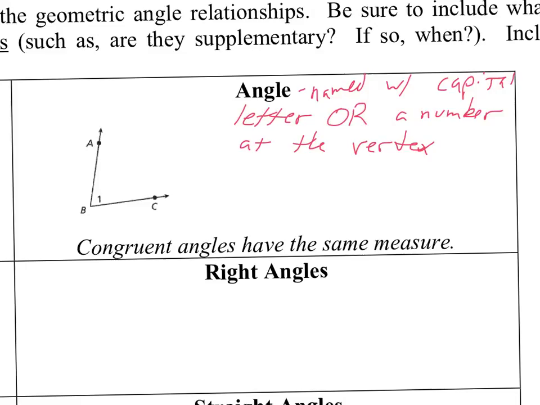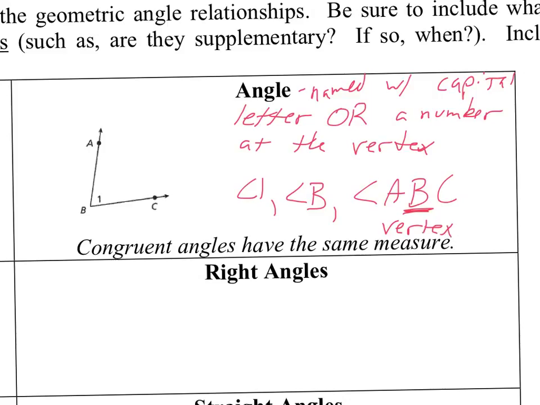For example, this angle that we have right here, we could call that angle 1. We could also call that angle B, but you'll often see it with 3 letters, angle ABC, with that middle letter being the vertex of the angle.